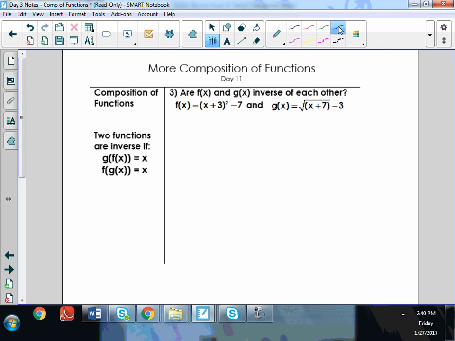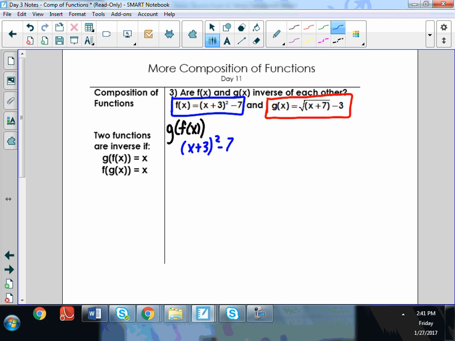Okay, so my first function, what kind of function is that one? It's a quadratic, right? My second function is a square root. So the first thing I'm going to do is try g of f of x. So f of x, which is what's on the inside, is (x plus 3) squared minus 7.